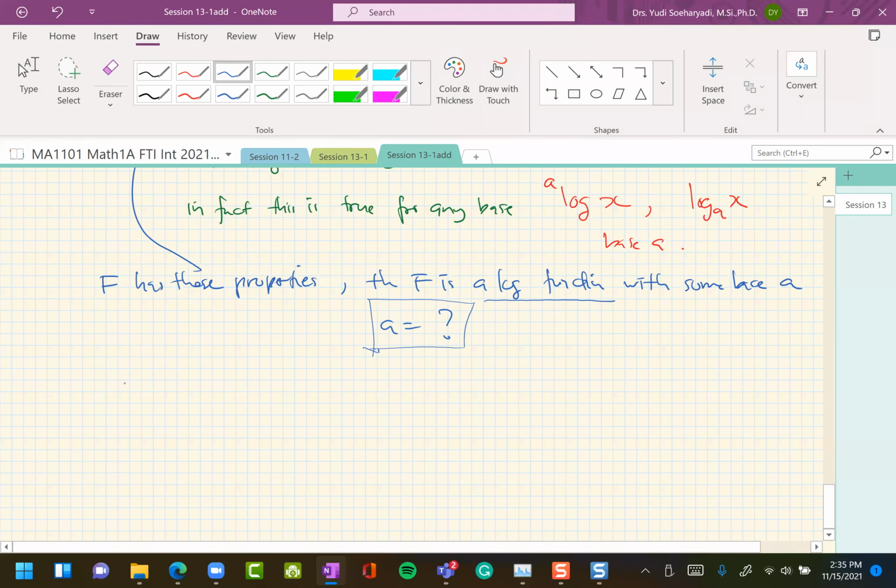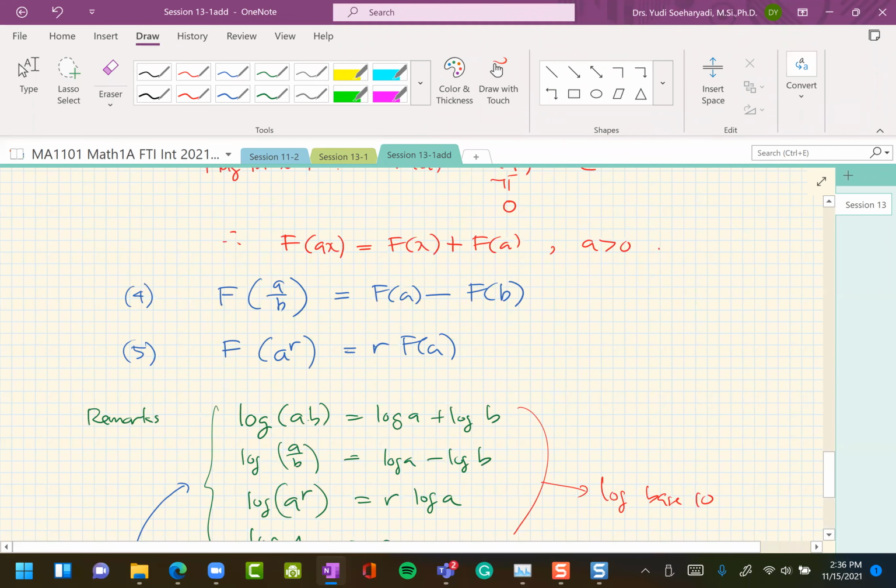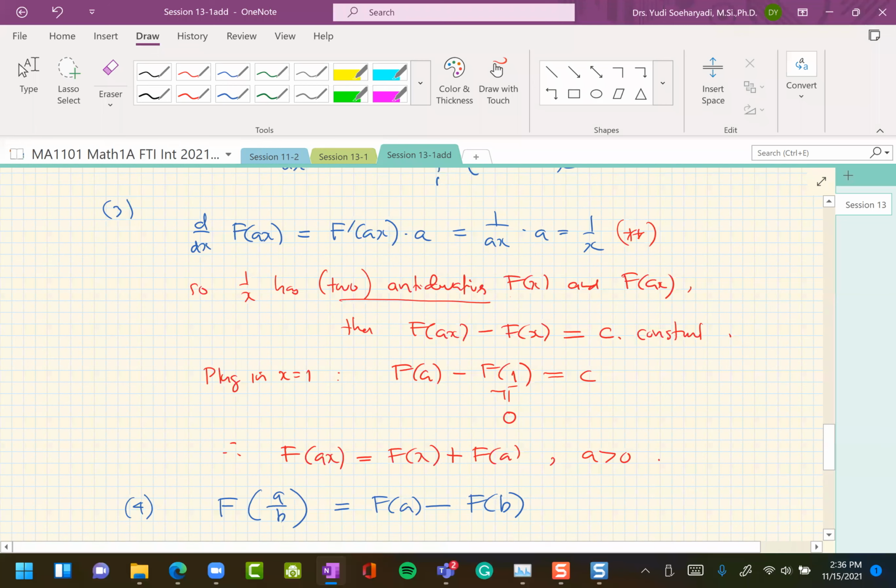F is called the natural log function and denoted by ln of x, log natural of x. Okay, so those are the properties of the natural log.